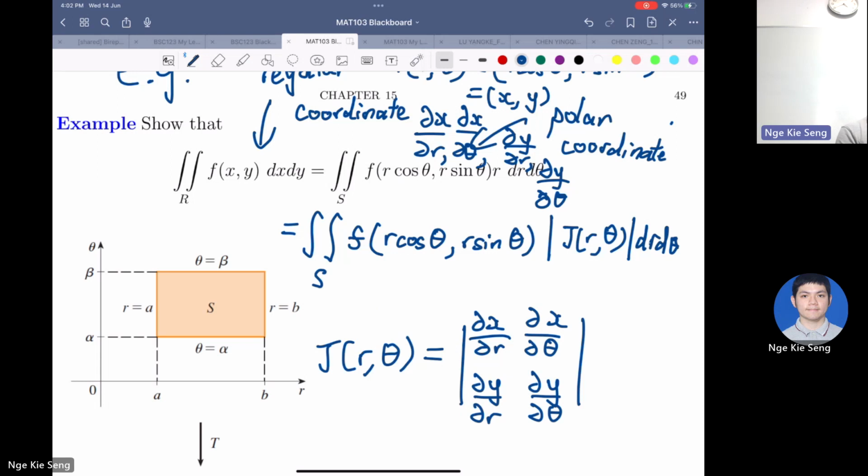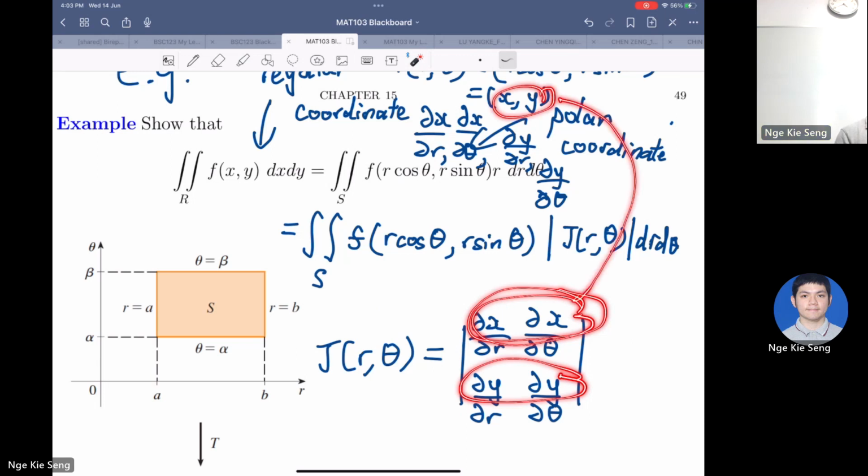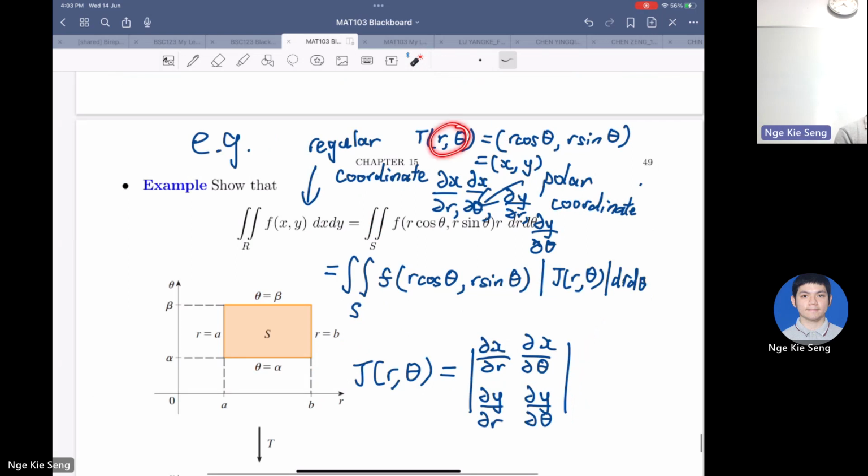So you arrange the functions from your codomain in a row, and the variables from your domain in a column. Okay?